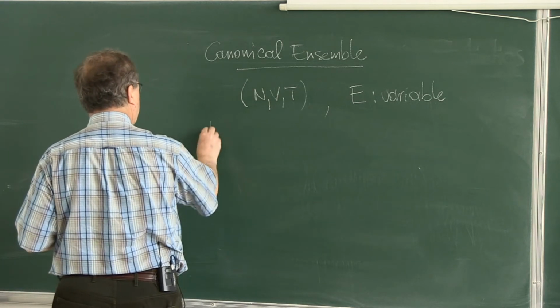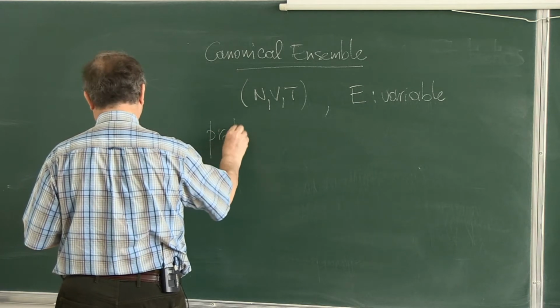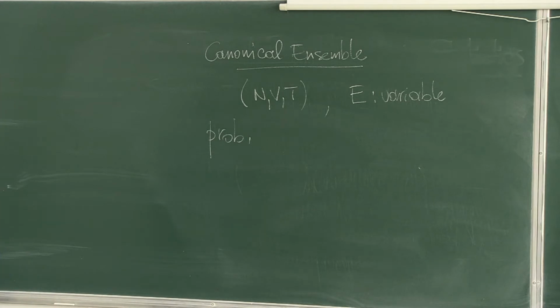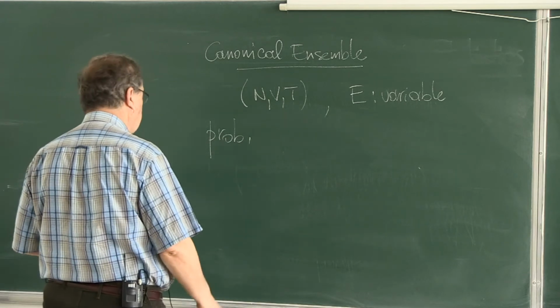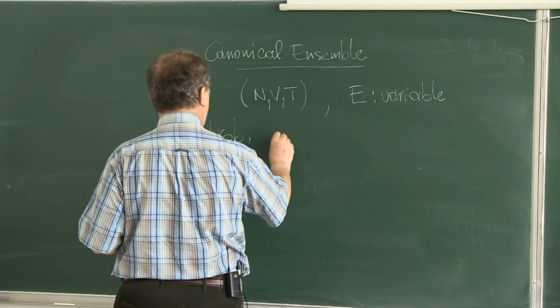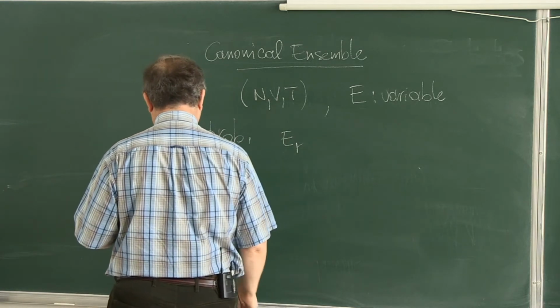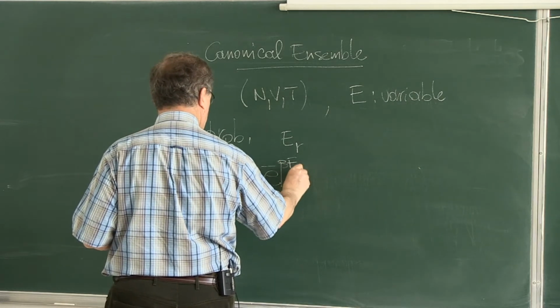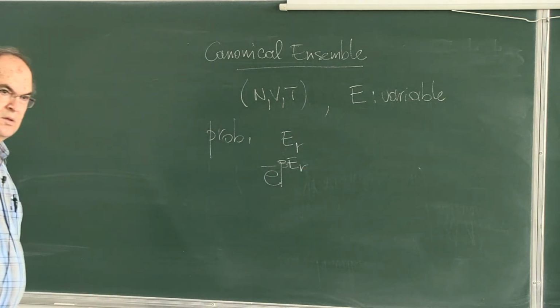Well, the probability of finding a system chosen at random from the ensemble to be in a state with energy E_R is given by the Boltzmann factor, isn't it, in this ensemble?